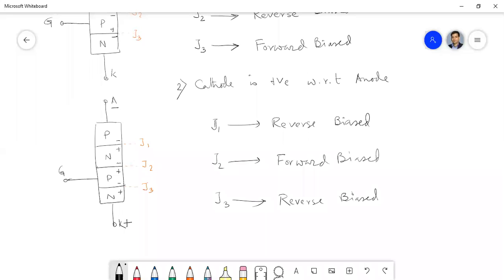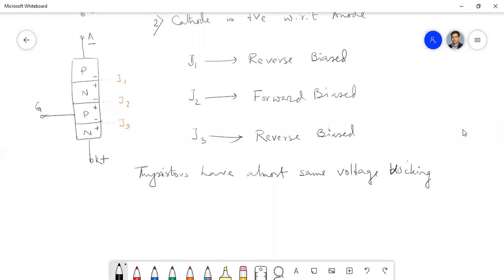So we can also write here that a thyristor has almost the same voltage blocking capability in both directions.